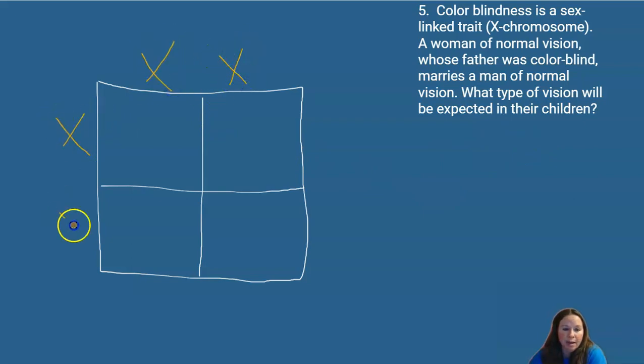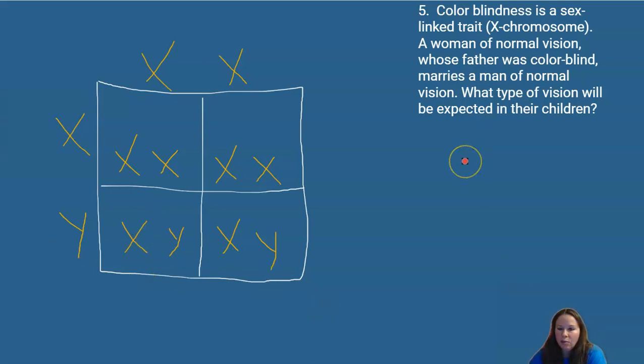Well, let's go ahead and put our X's and Y's on here. Since this is an X-linked problem, we have to use superscripts. Also, don't forget there is no gene for color blindness on the Y chromosome. It just goes along for the ride to tell us who the males are.